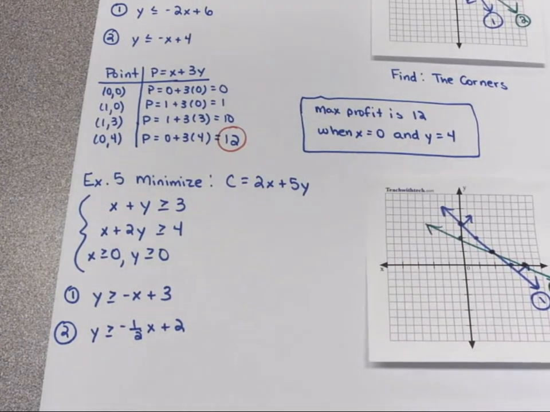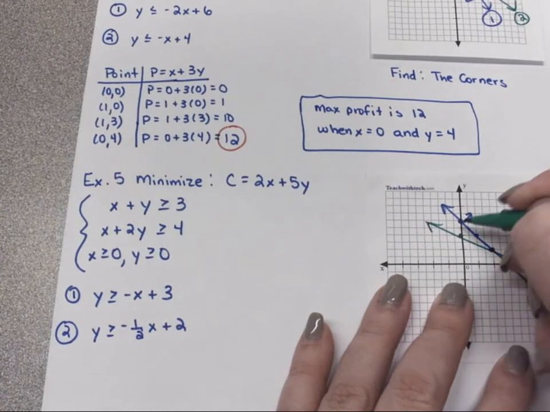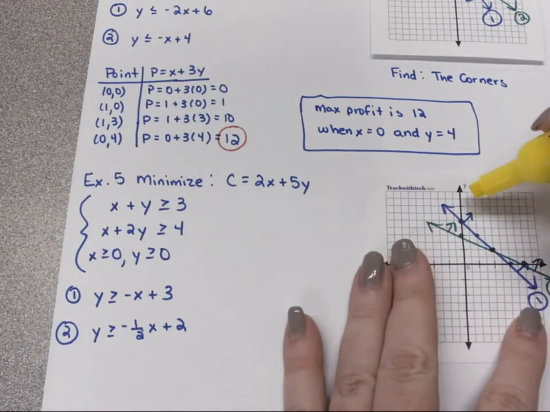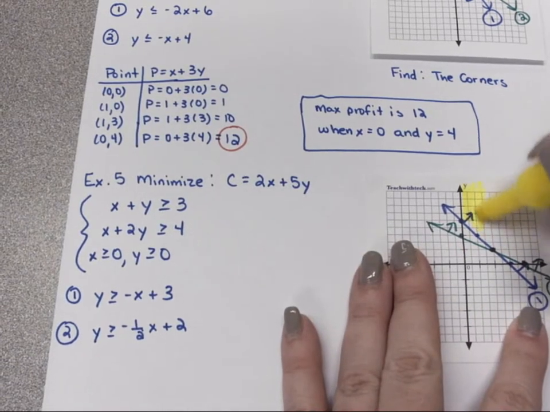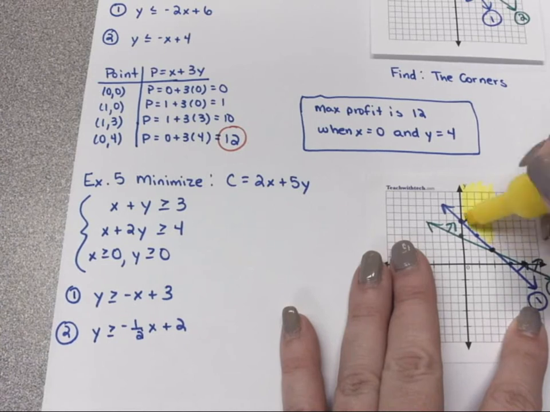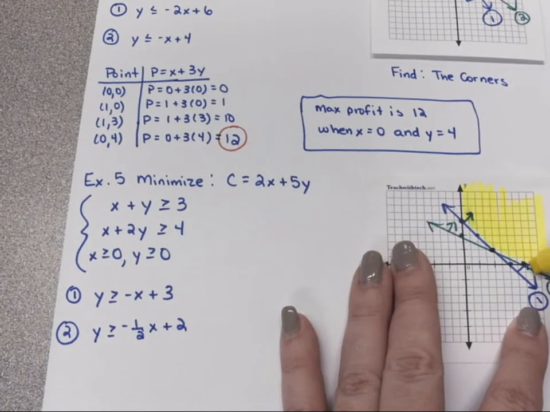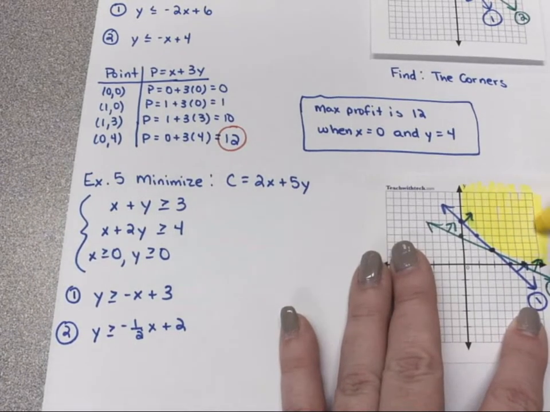And again, we want to only shade the things on this side of the line. So if we want to know where they intersect, it's actually here. This is a what kind of graph? This is an unbounded graph. But we do need to stop at the axes.